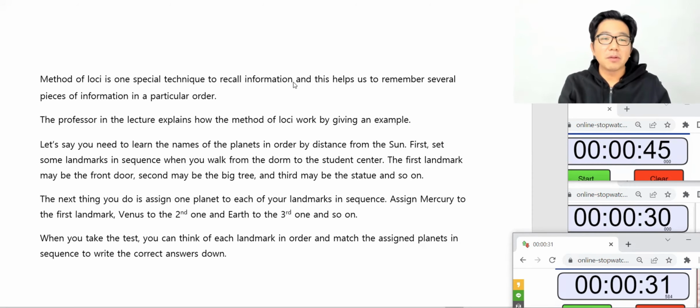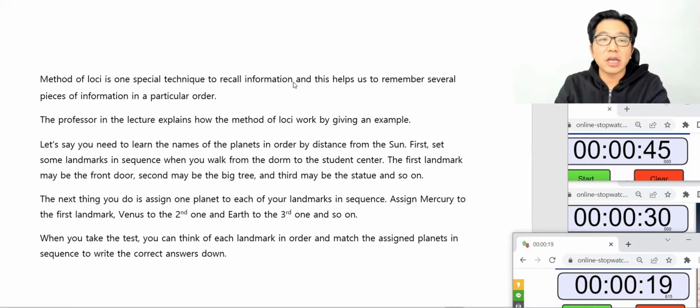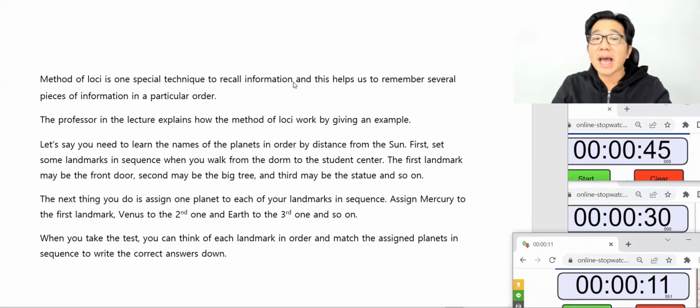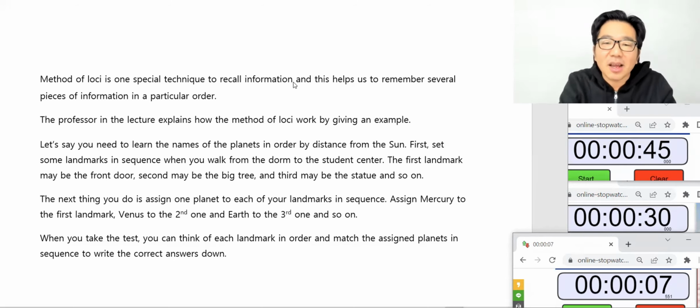First landmark, maybe the front door, second, maybe the big tree, and third, maybe the statue, and so on. Next thing you do is assign one planet to each of your landmarks in sequence. Assign Mercury to the first landmark, Venus to the second, Earth to the third, and so on. When you take the test, you can think of each landmark in order and match the assigned planets in sequence to write the correct answers down.